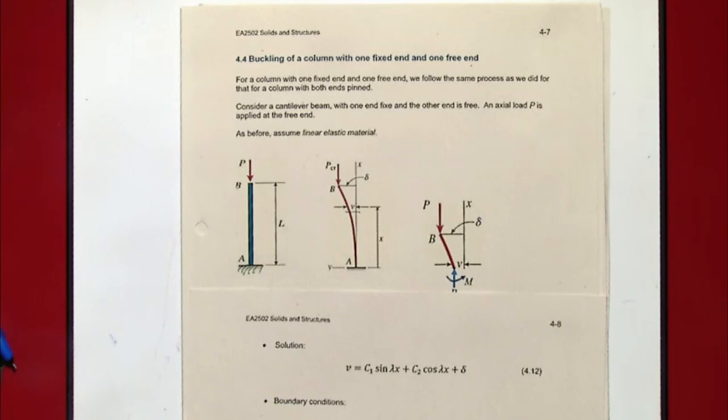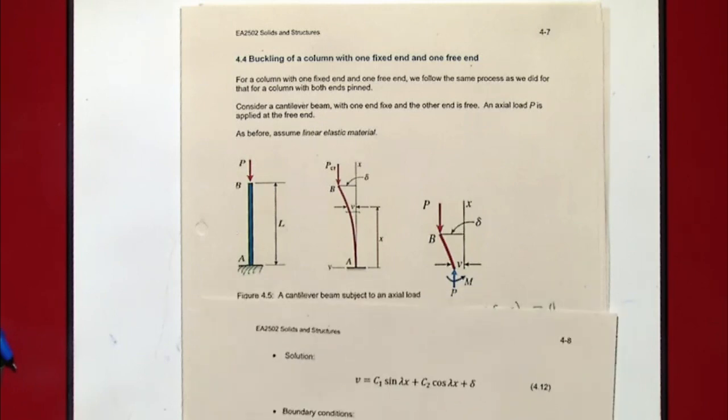It is built in at A. Built-in means it's not allowed to move or rotate. If that's the case, V equals 0 when x equals 0. That is at A. And the slope, dV/dx, is also 0 at A because it's not allowed to rotate at that point. And when x equals L, which is right at the top, V equals delta. And that is what we have from that diagram there.